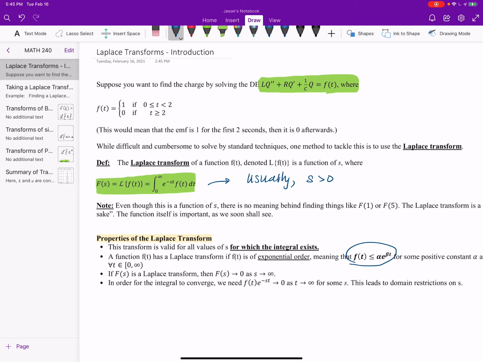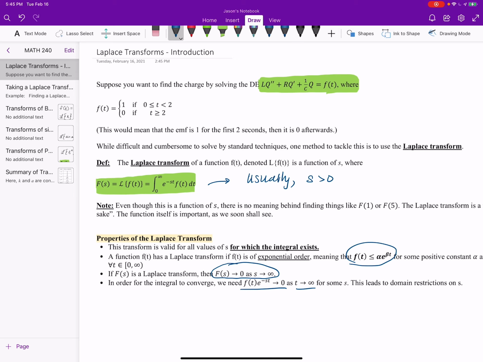You can choose an alpha and a beta so that the exponential function is always higher than f of t, okay? If F of s is a Laplace transform, this is a really good one: as s approaches infinity, the transform should go to 0, okay? In order for the integral to converge, we need this expression to go to 0 as t goes to infinity for some s. So again, looking at that domain restriction.